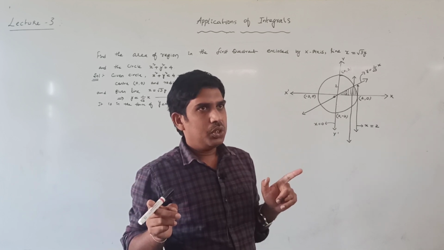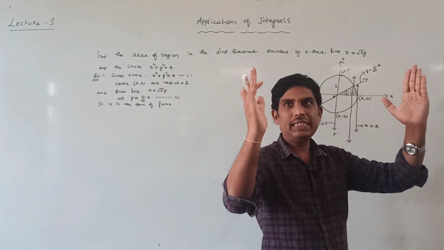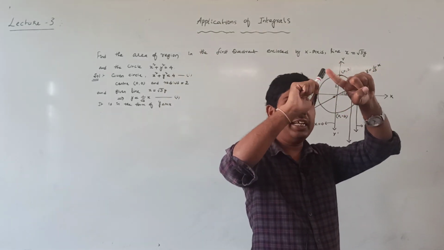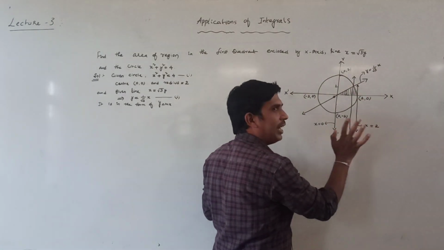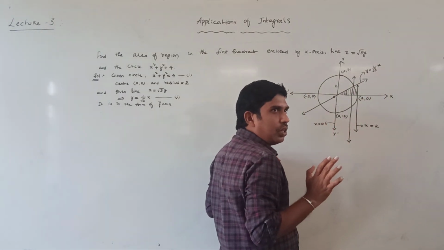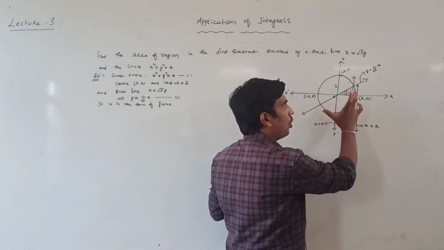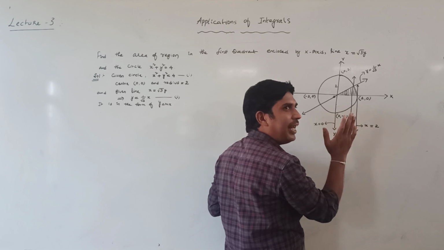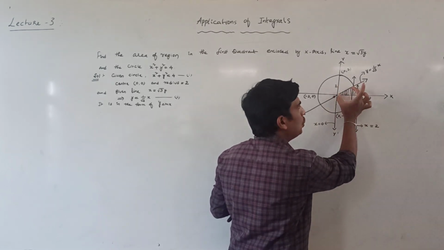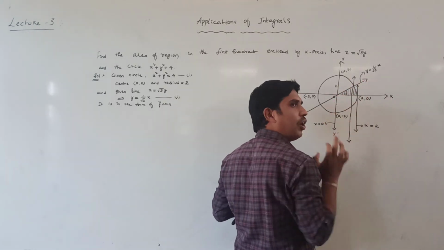Understood? So in between particular limits, the two curves intersect, which means we cannot take these as the direct limits. So then how to find it? We should divide the area, one belonging to the line and one belonging to the curve.